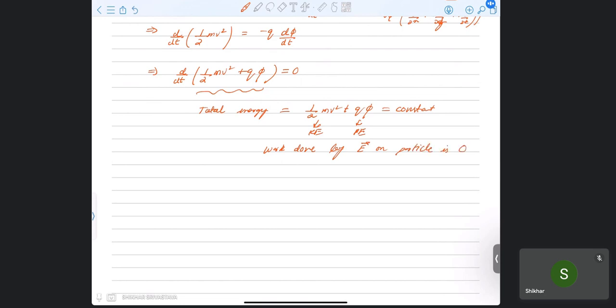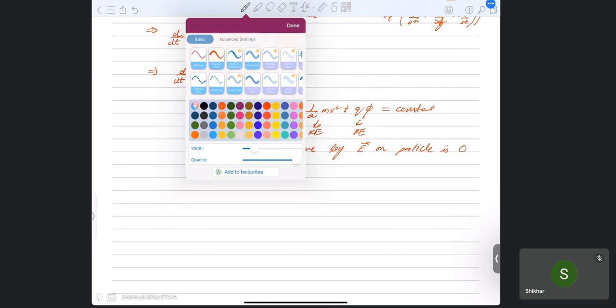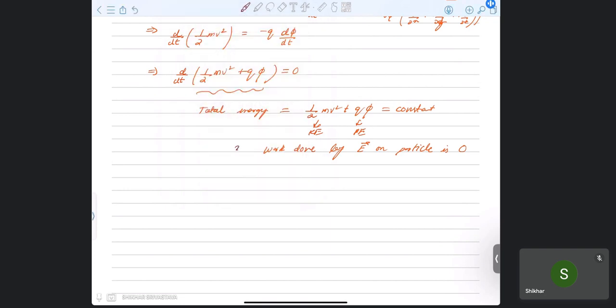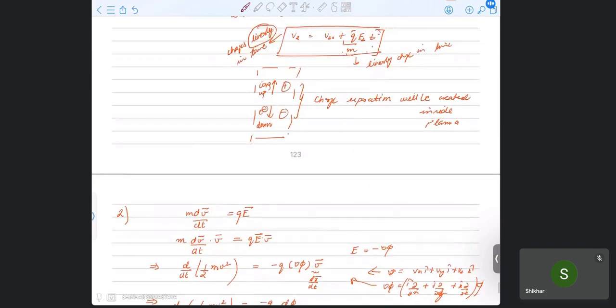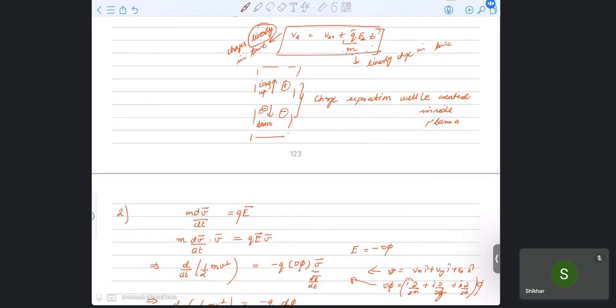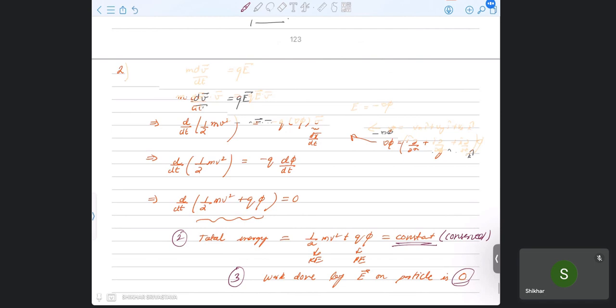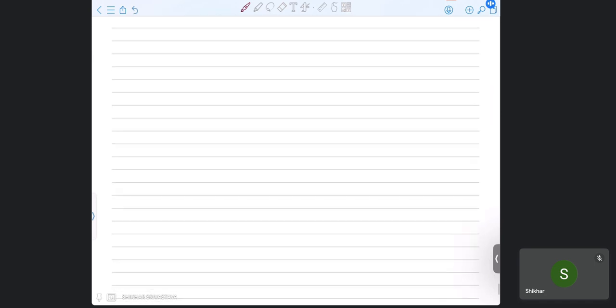So three important points. Total energy is conserved, work done by the electric field on the particle is 0, and the charge will move linearly. Okay, so this is what is done.